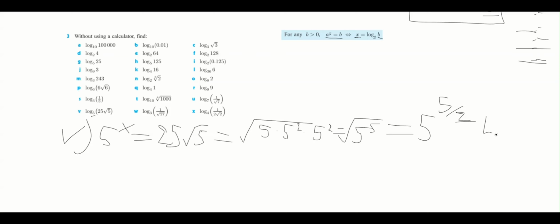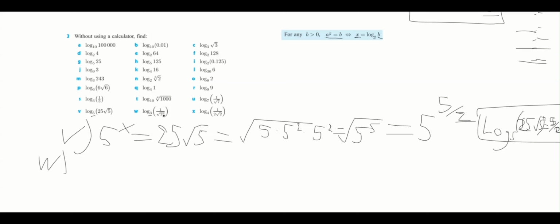So then we can go, log base 5 of 25 root 5, I'll put that in brackets, equals 5 over 2.